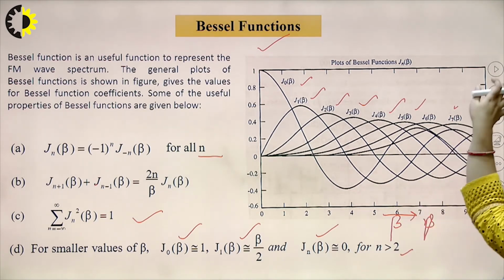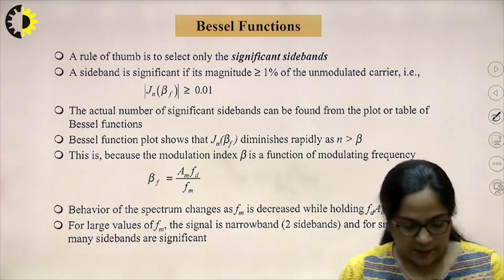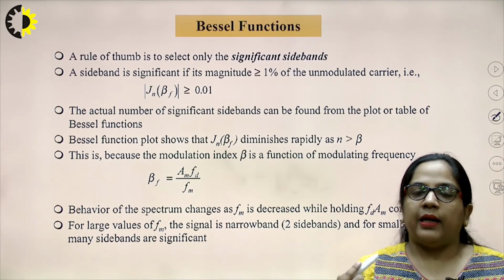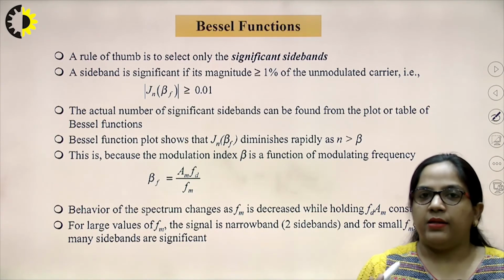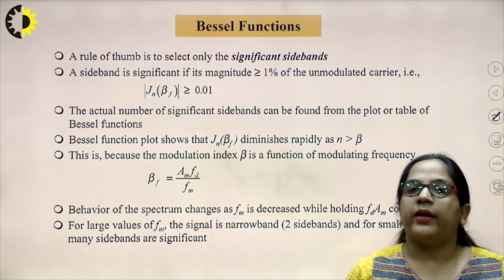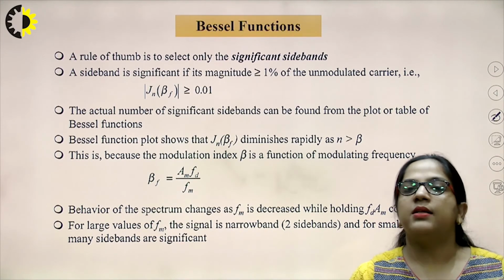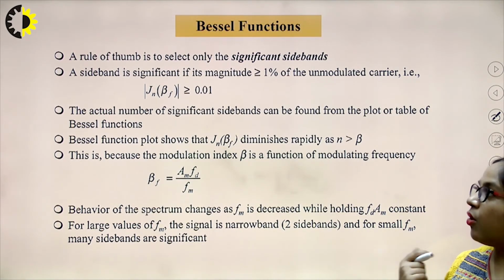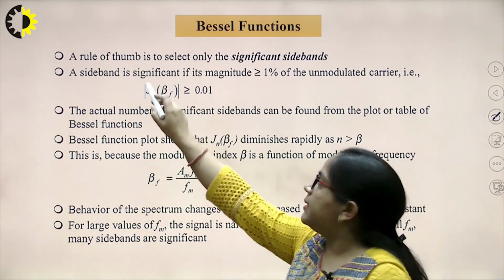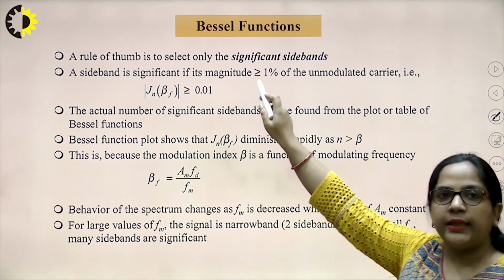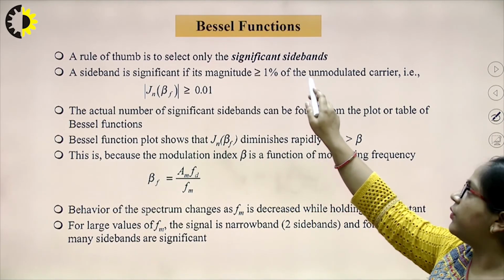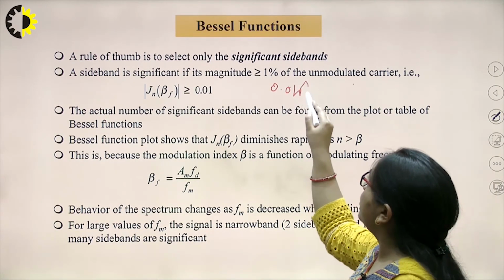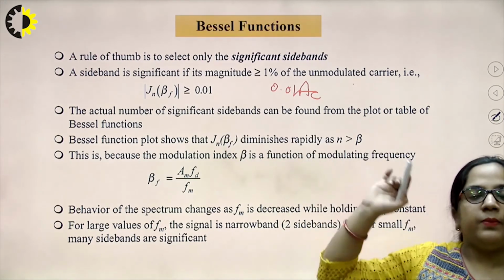Now, depending upon the expression that we have obtained for the case of frequency modulation, we have seen as n is existing from minus infinity to plus infinity, there exist infinite sidebands. But the number of significant sidebands we can approximate with the help of a thumb rule, according to which a sideband is significant if its magnitude is greater than or equal to 1% of the unmodulated carrier, that is 0.01 times Ac.